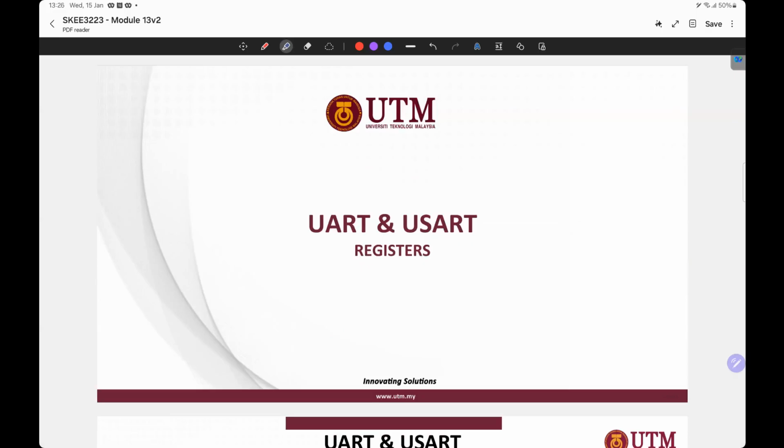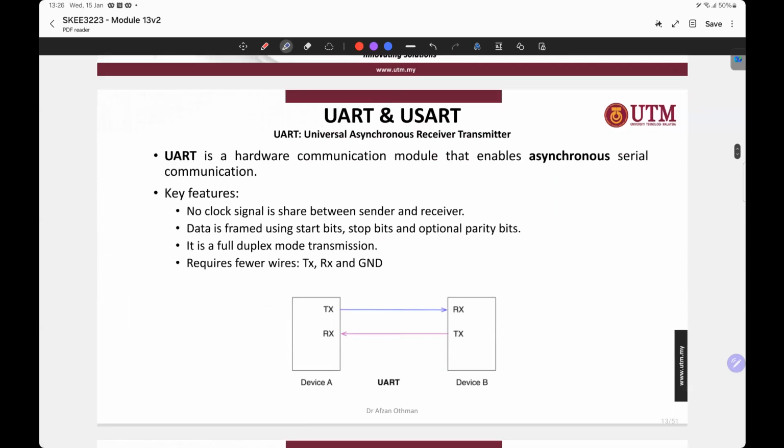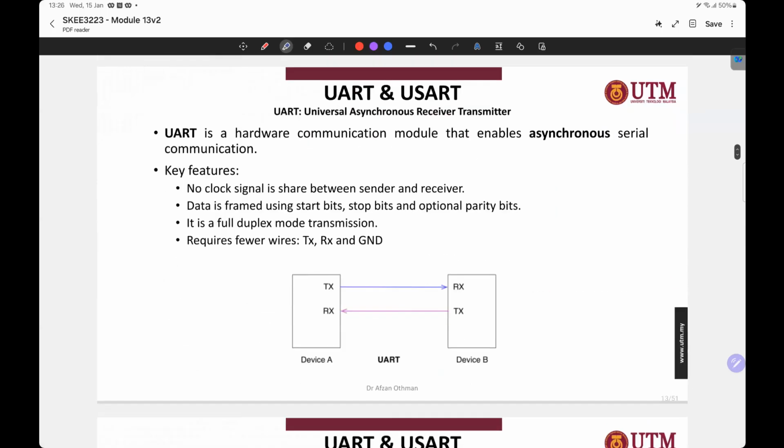What are the registers that you need to know before you write the serial communication program? Let's look at what is a UART, what is a USART.